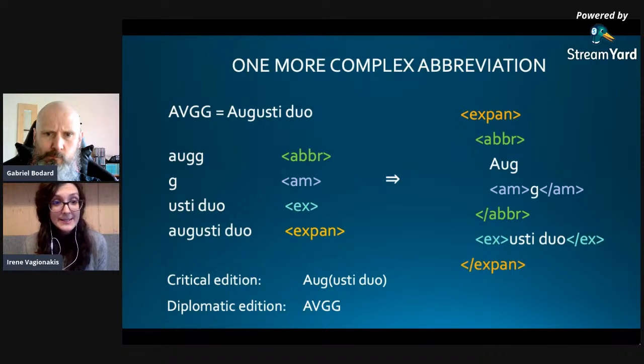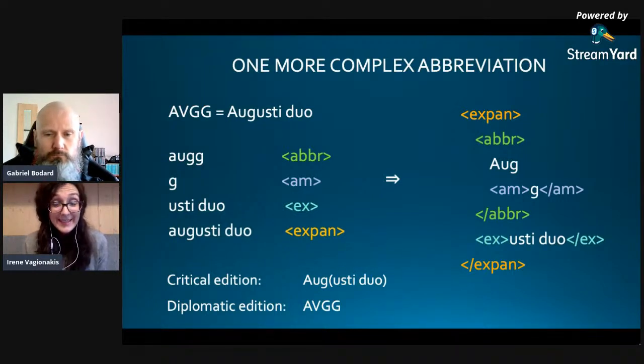But in this case, the second G is peculiar because it is what we call an abbreviation mark. It's something that is written on the stone, but it's not part of the expanded final word. It's just a mark, a symbol standing for the plural, and not generally the plural, but in this case for two Augusti. We could also have had aug with three G's standing for three Augusti.